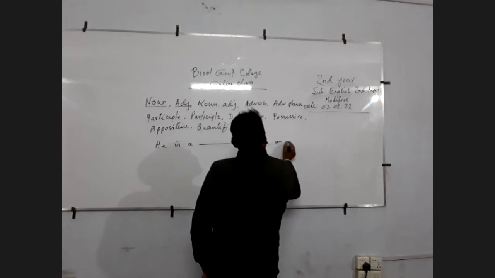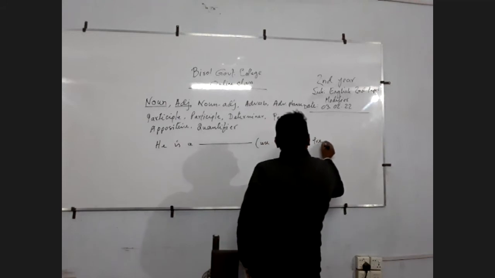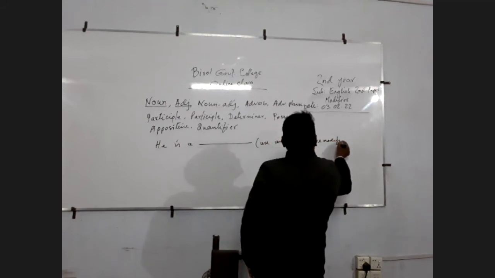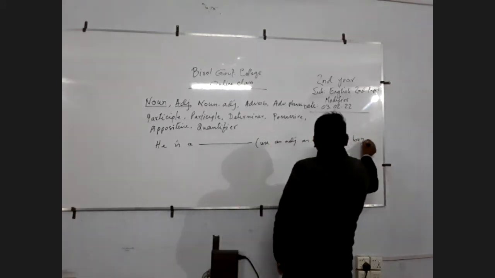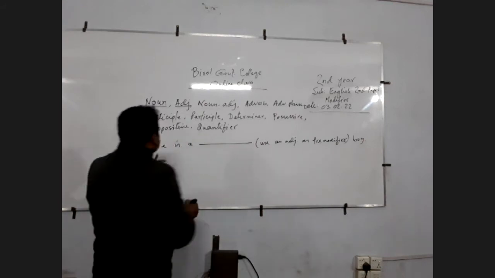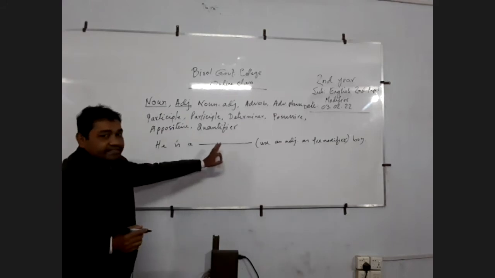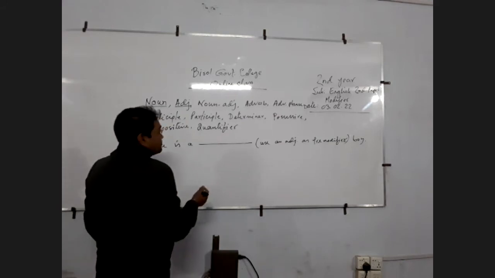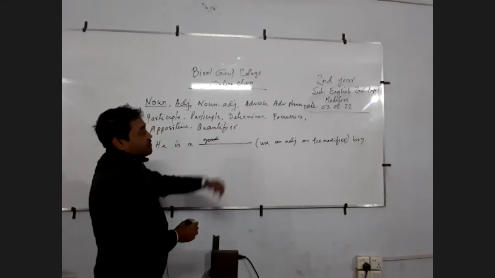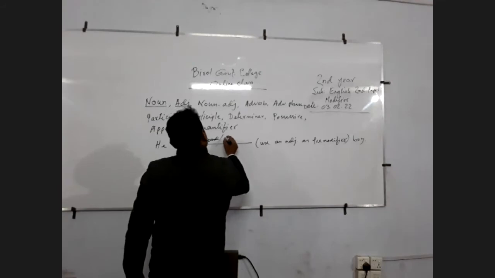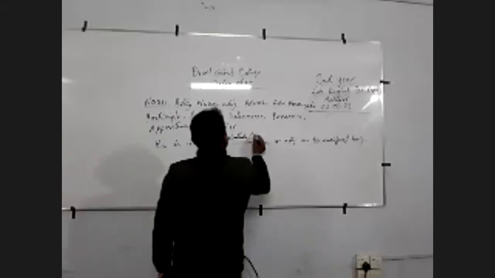Use an adjective as a pre-modifier of boy. So you have to use an adjective here. You can use good: He is a good boy. He is a talented boy. He is a genius boy.